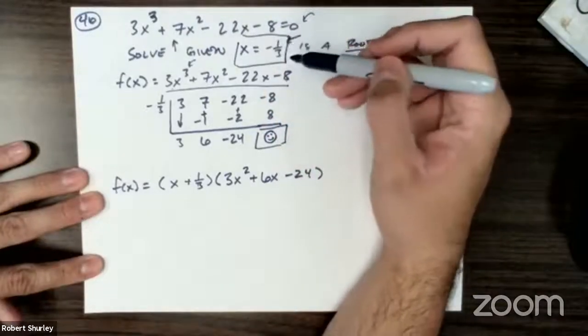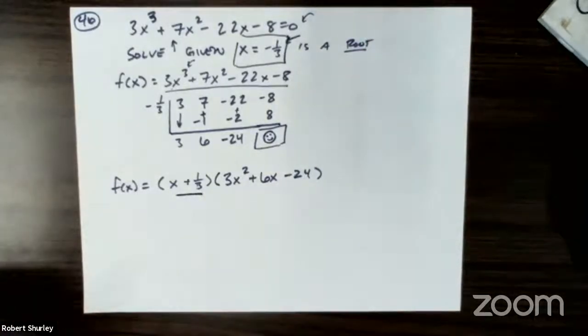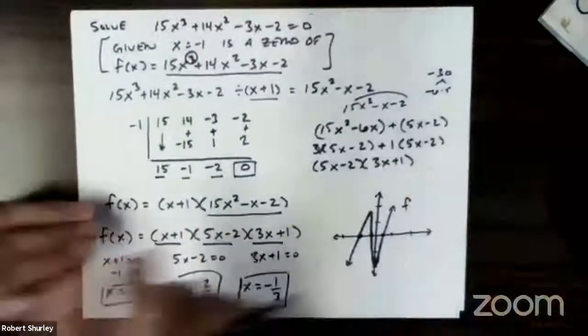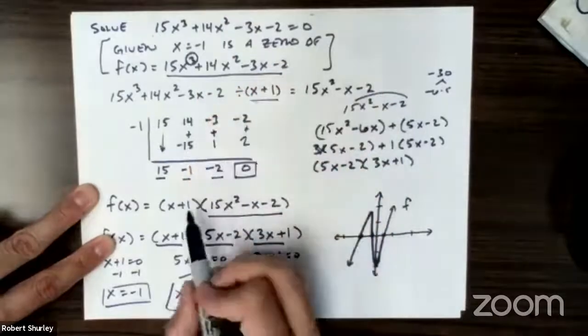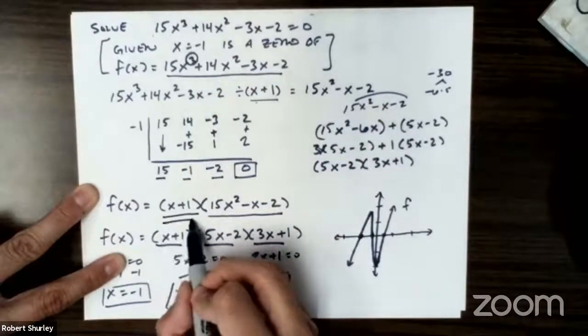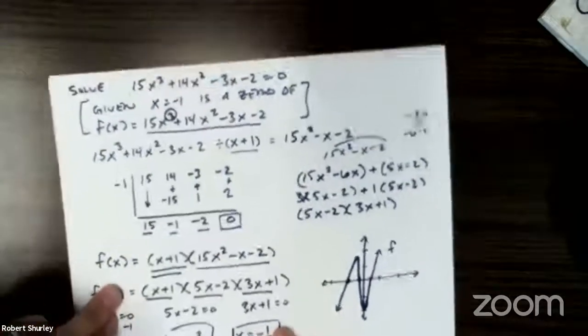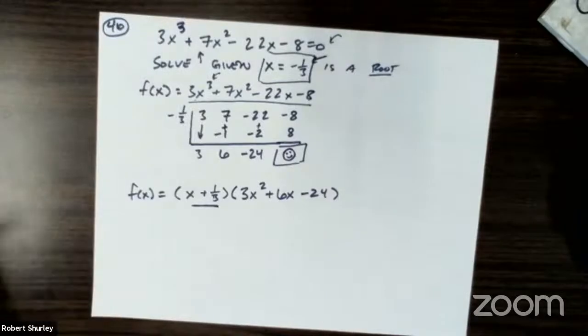So if it's a solution, you would write it in factored form like this. I'm going to bring back an old one here, up here. Remember, look, here's the solution, but then when we wrote it, it was in factored form, it was x plus 1. Oh, right. Okay. Got it. So it's going to be just opposite that way.